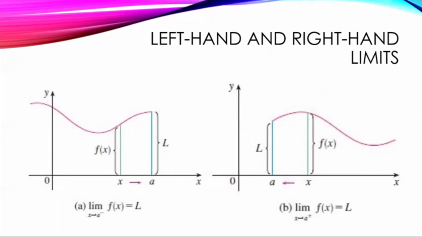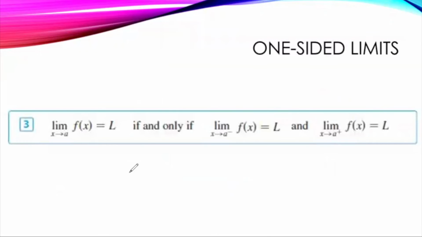So next is this important theorem. This is very important. The limit of f of x as x approaches a is equal to L if and only if the limit of f of x as x approaches a from the left is equal to L, and the limit of f of x as x approaches a from the right is equal to L. What does this mean?